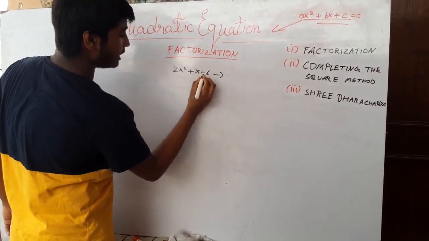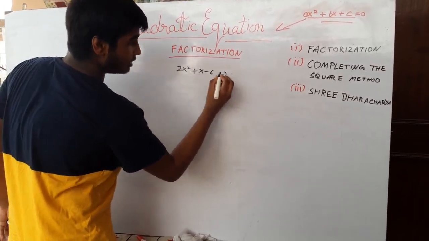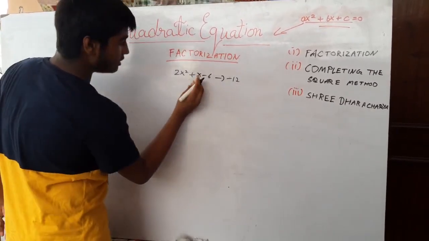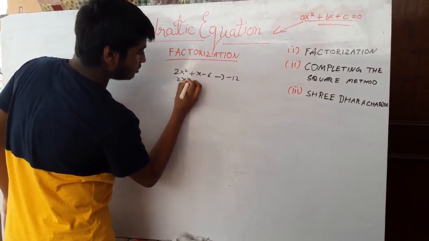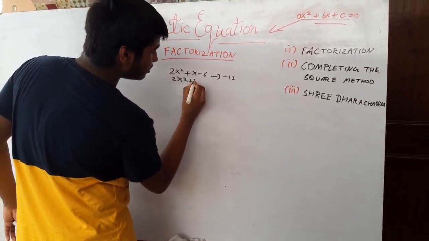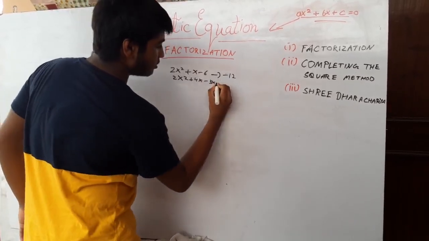We need to multiply the constant term with the coefficient of x². So we get −6 × 2 = −12. The numbers we use are +4x and −3x, whose product is −12 and sum is 1.